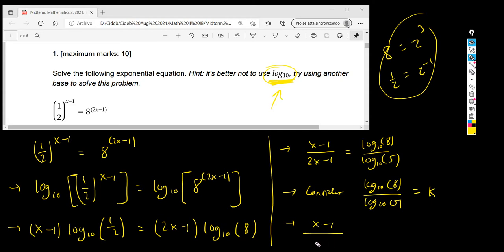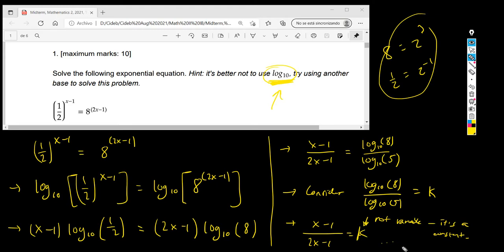Then we have x minus 1 over 2x minus 1 being equal to k, and just pick it up from here. Just solve this equation, considering that k is not a variable, it's a constant. Think of this as if it was the number 3 or something, and just solve the equation in terms of k.